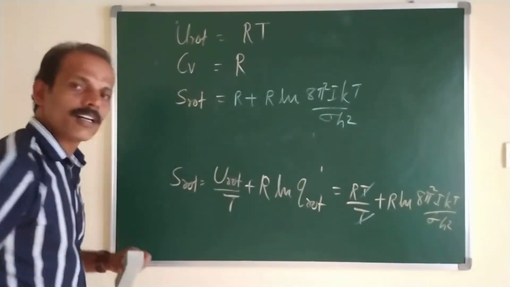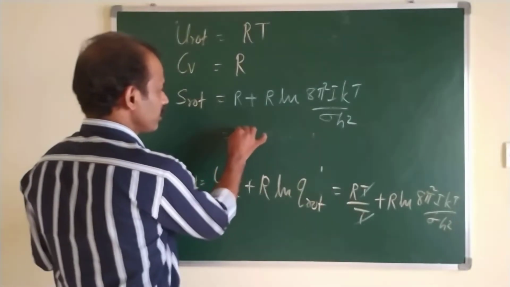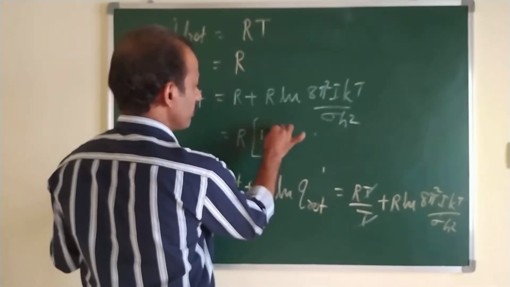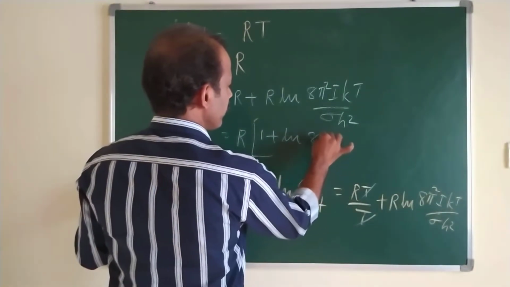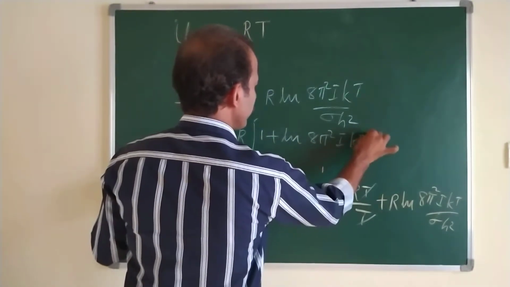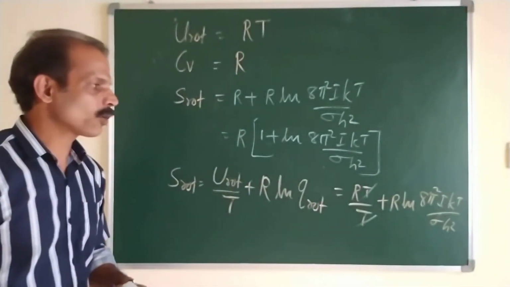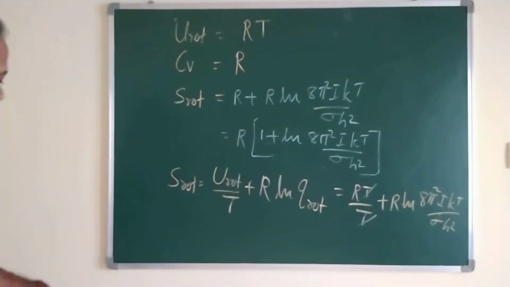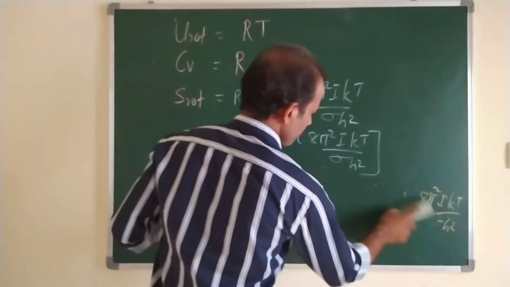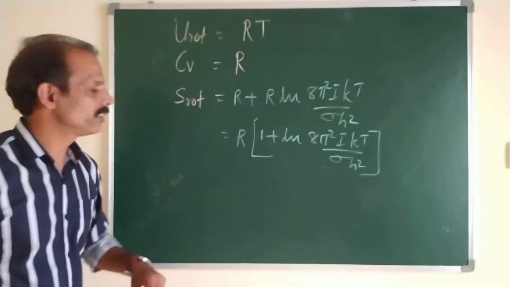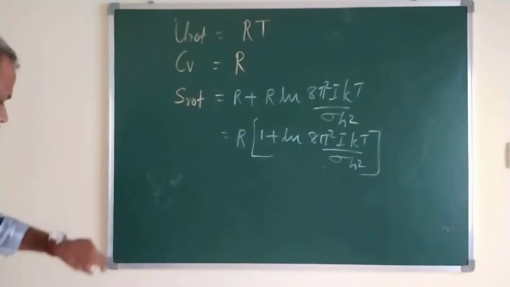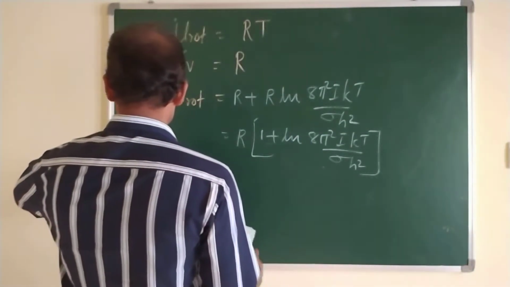You can take R common out, so which is equal to R into 1 plus ln 8 pi square IkT by sigma h square. That's the equation for entropy in terms of rotational partition function. So three terms in terms of rotational motion of rotational partition function.